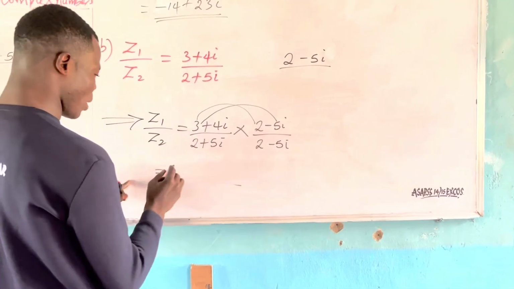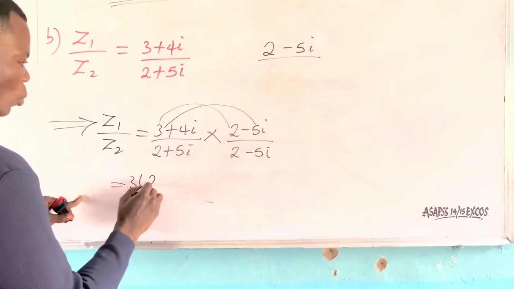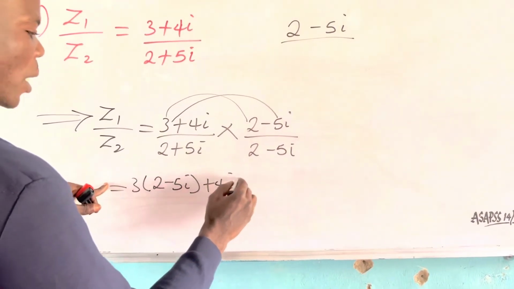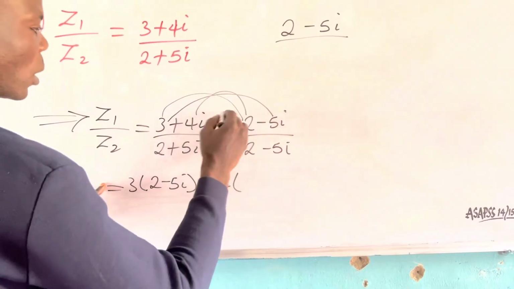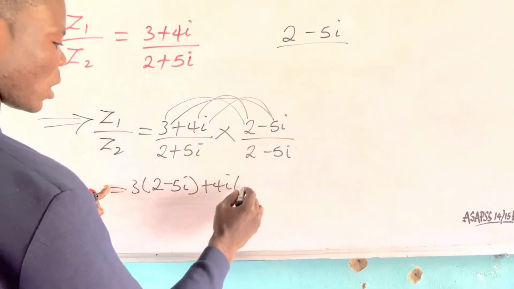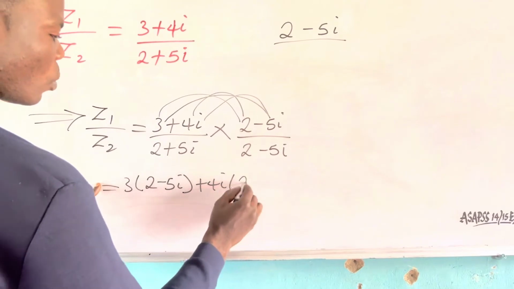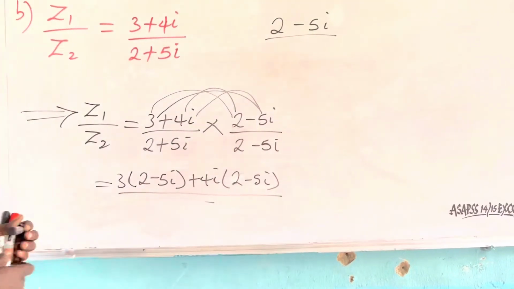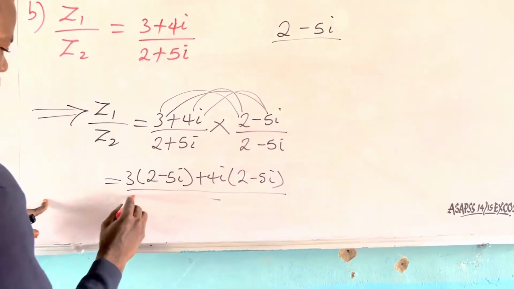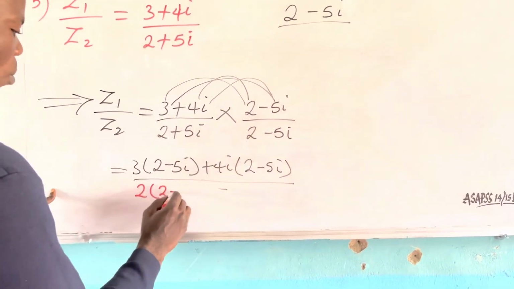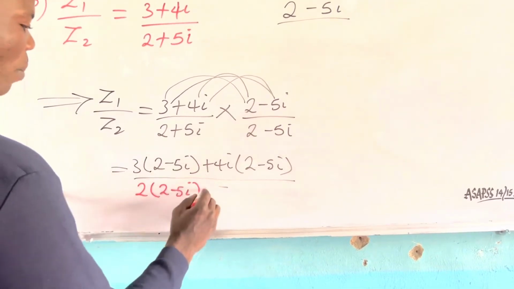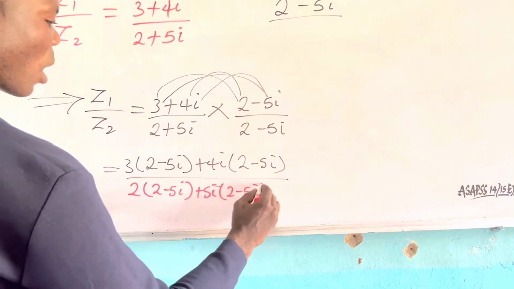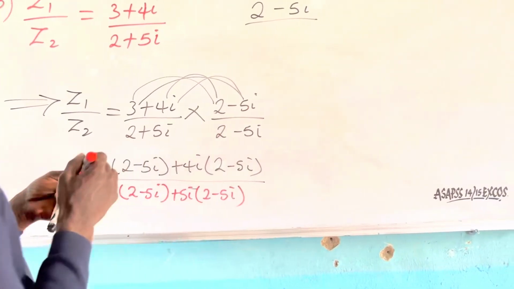So you see the same thing, writing 3 times 2 minus 5i, then plus 4i into 2 minus 5i, all over 2 plus 5i times 2 minus 5i, which is 2 times 2 minus 5i, then plus 5i into 2 minus 5i. So let's expand this.